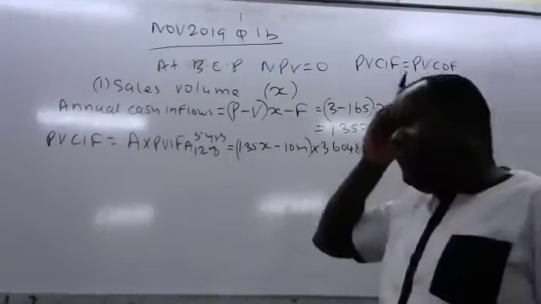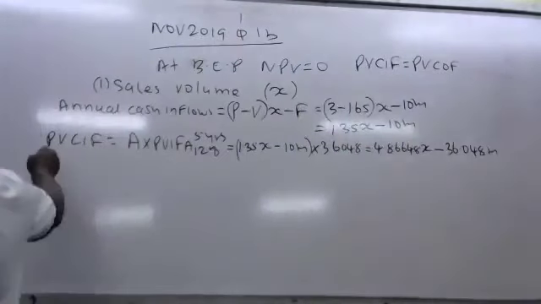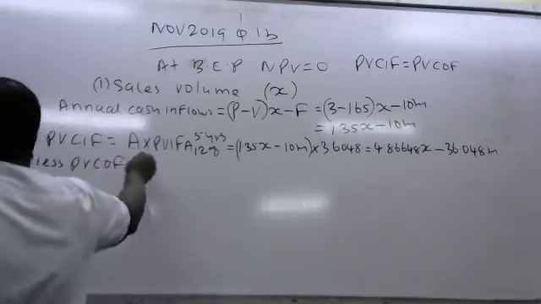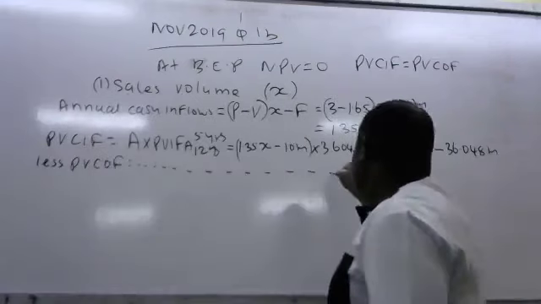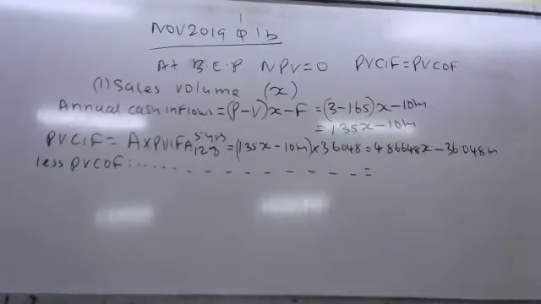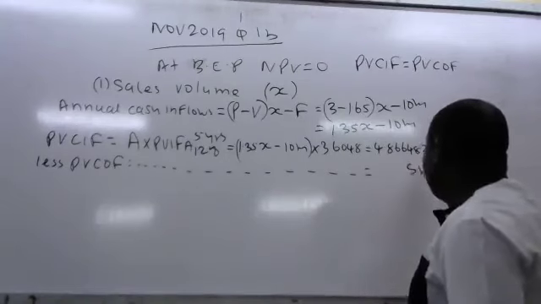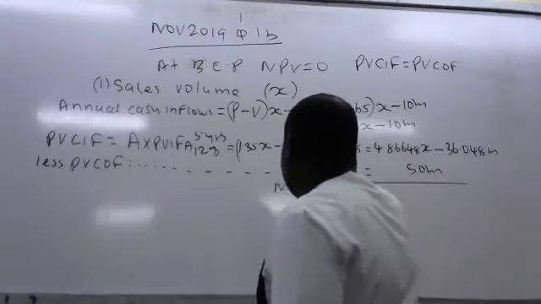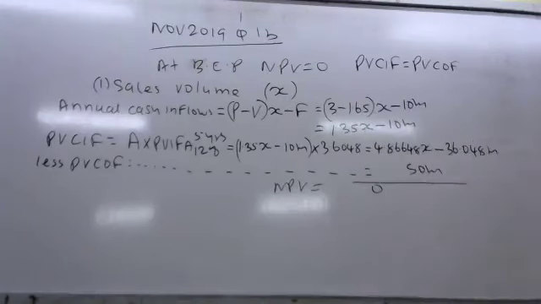And then we are supposed to subtract the present value for the cash outflow. The present value of the cash outflow is the initial cost. That initial cost was 50 million. So when we subtract the 50 million, we now end up getting NPV, which is 0.